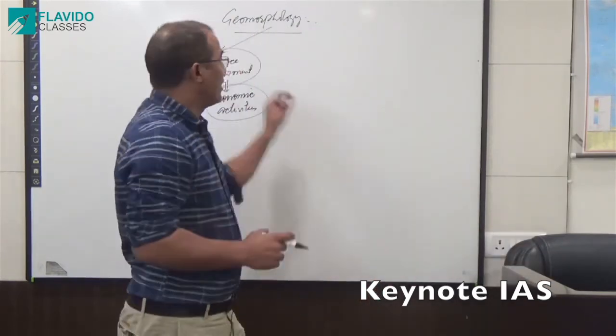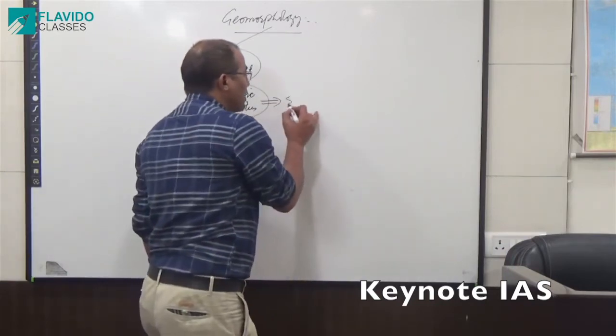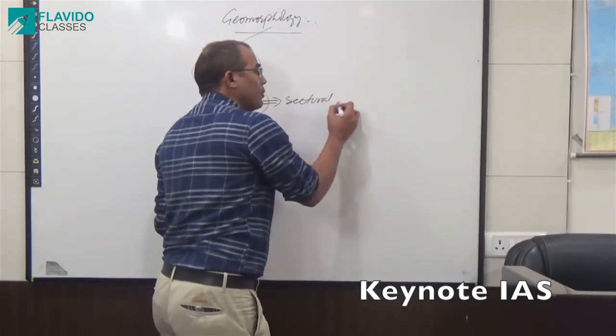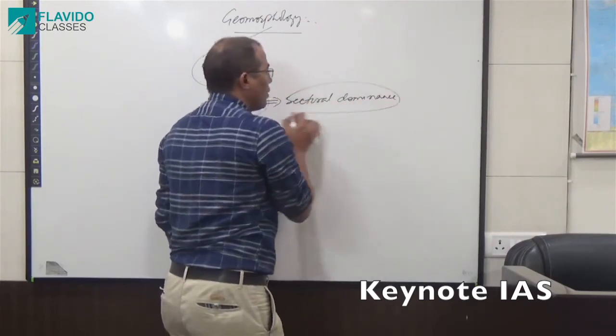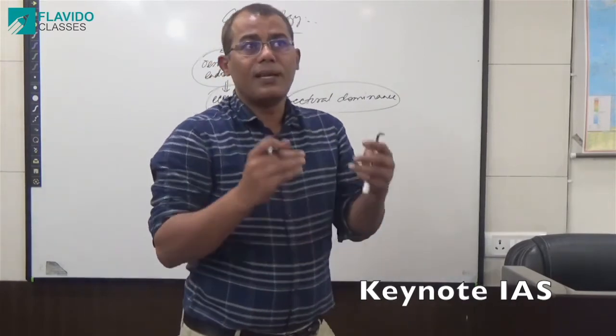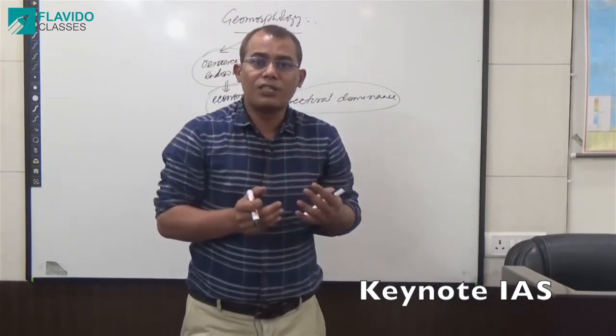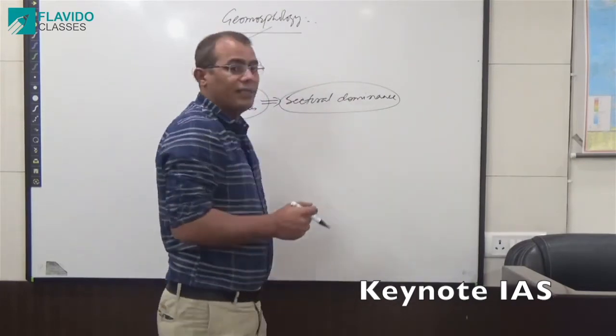So when you are writing that, it must be reflected. And look at how economic activities, especially the sectoral dominance in the GDP of a region, matter. For example, if an area is deriving the majority of its GDP from agriculture, the society will be different.